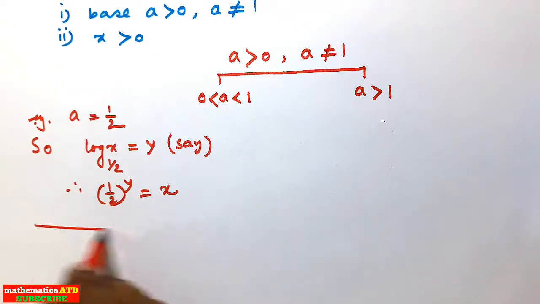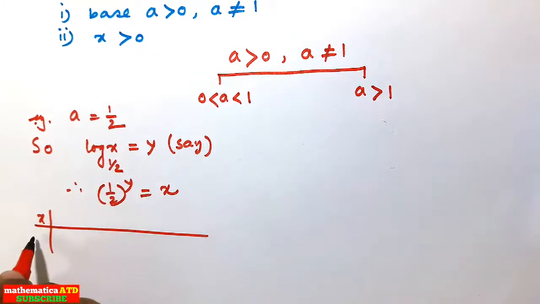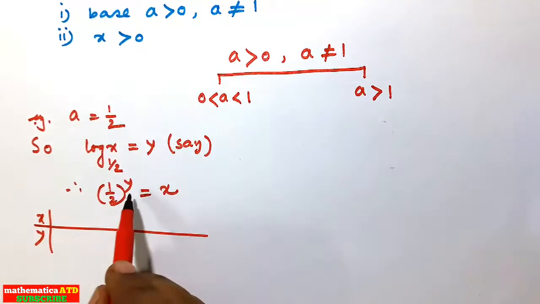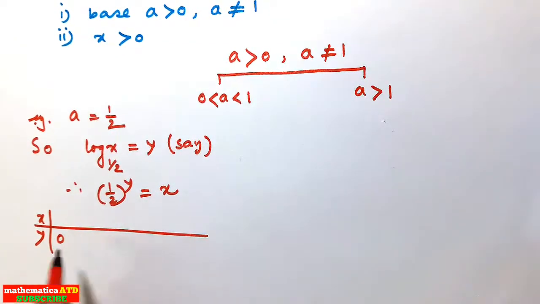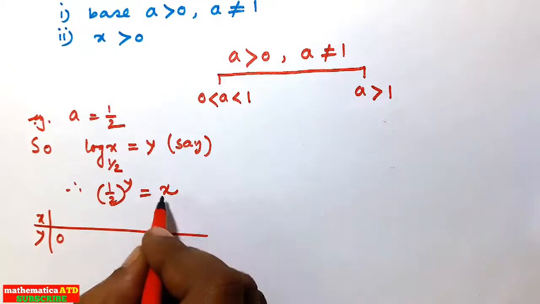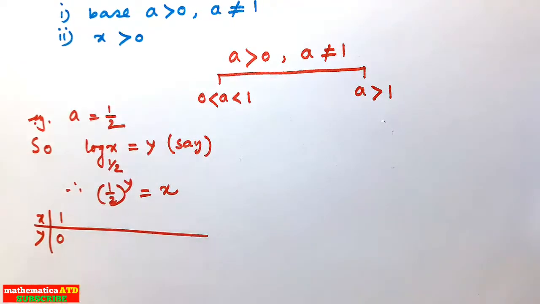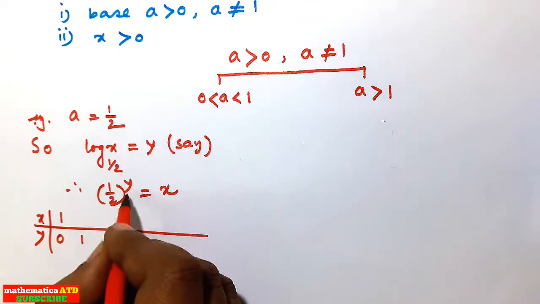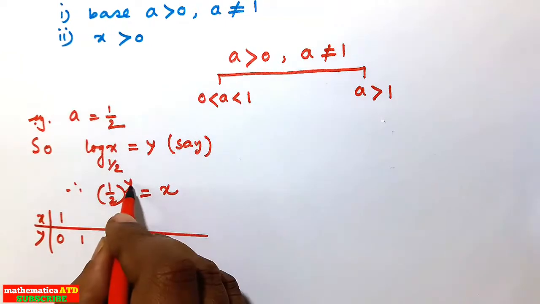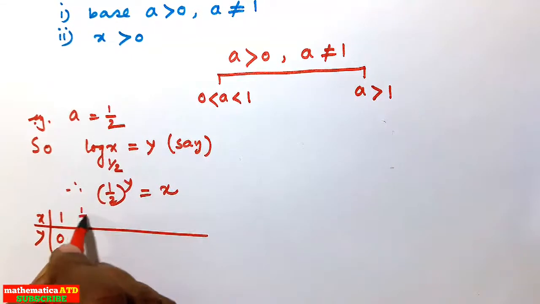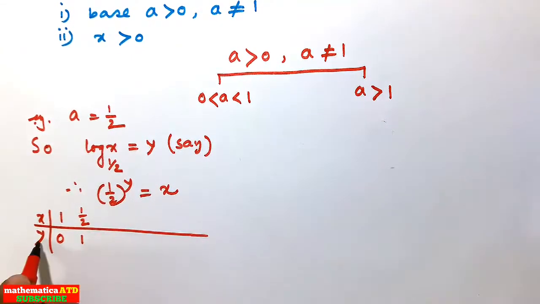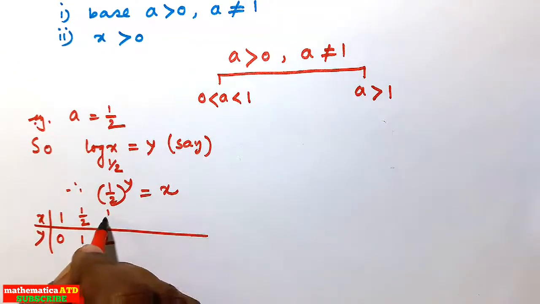Say for x and y, we first take y is 0. If y is equal to 0, then x will be 1. When y is equal to 1, then x will be half to the power 1, that is half. When y is equal to 2, then x will be 1/4.